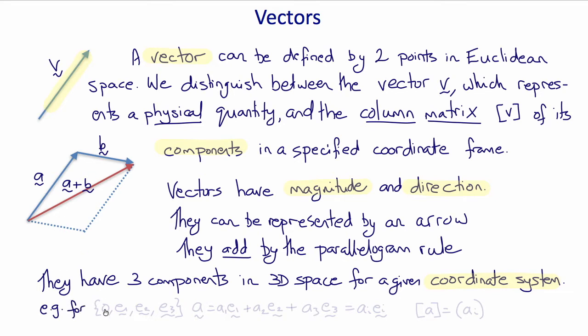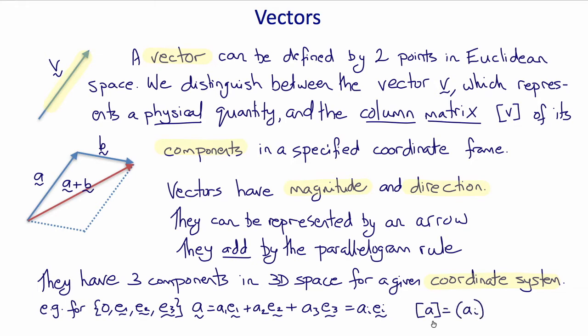For example, with the coordinate system with origin O and unit vectors E1, E2, and E3, the vector A can be written as A equals A1 E1 plus A2 E2 plus A3 E3, or using index notation and the summation convention, Ai Ei.